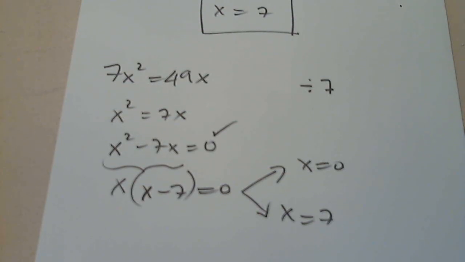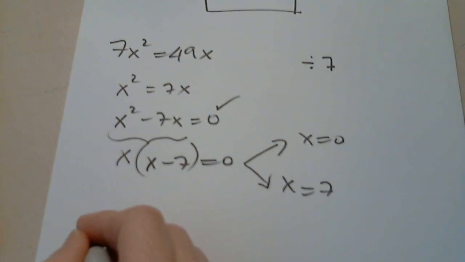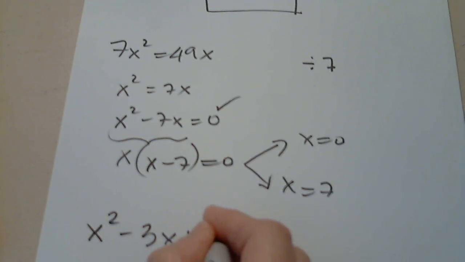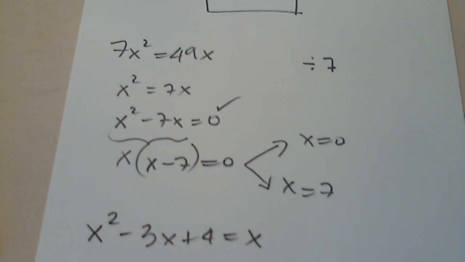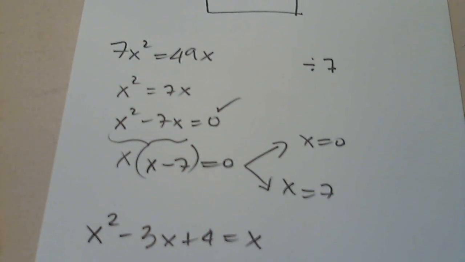Yes. Perfect. I'm going to change r into x, it's easier. So x squared minus 3x plus 4 equals x. Good. What is the first step we need to perform? For sure, absolutely.